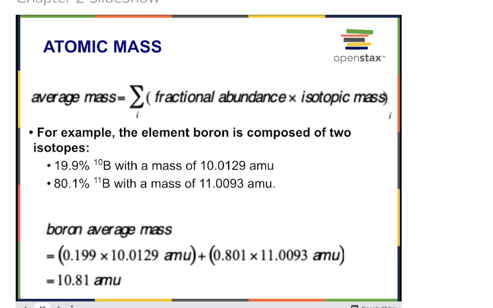That would get you the average abundance in nature and its average mass, plus the percent abundance of boron-11, which is 80.1, move the decimal place twice, becomes 0.801 times 11.0093. That would get you the average mass of boron, and that is the number that you see for boron on your periodic table.